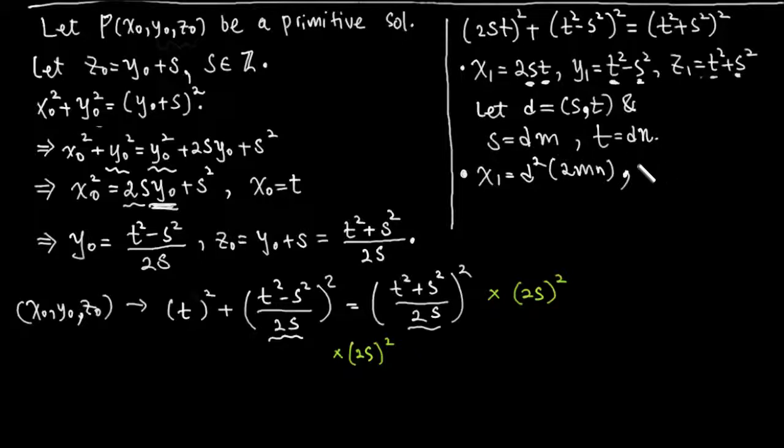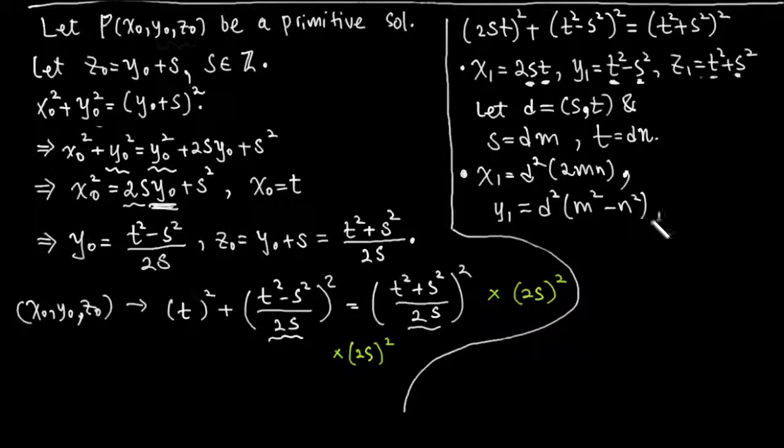So let's look at y1 here, running out of space. Let me create the space like this. y1 is going to be d squared, it's common, so d squared pulled out. So we have m squared minus n squared. And z1 is now the same thing with positive inside there, so d squared times m squared plus n squared, if I can fit it in.